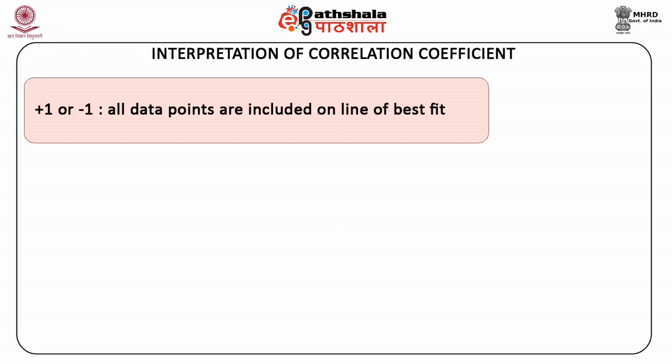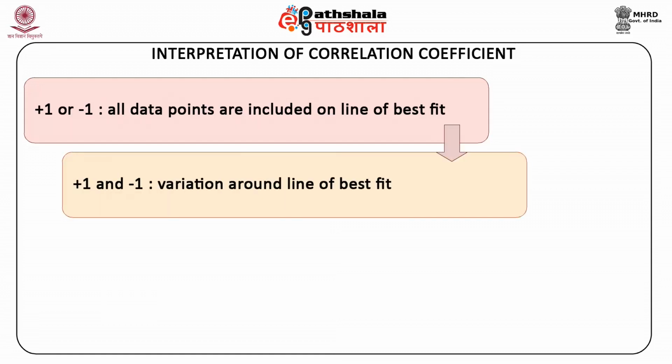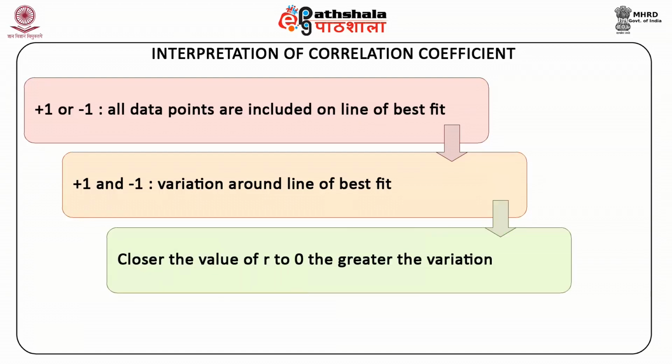There are no data points that show any variation away from this line. Values for r between -1 and +1, for example r is equal to 0.8 or -0.4, indicate that there is a variation around the line of best fit. The closer the value of r to 0, the greater the variation around the line of best fit.